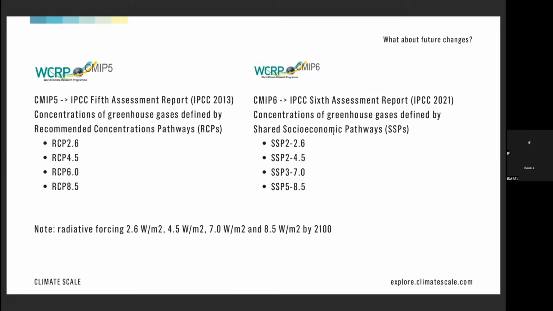So there's a lot of socio and economic aspects that are included. The numbers that you get with the name of the emission scenario refer to the level of the radiative forcing.